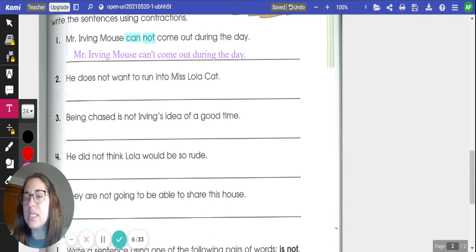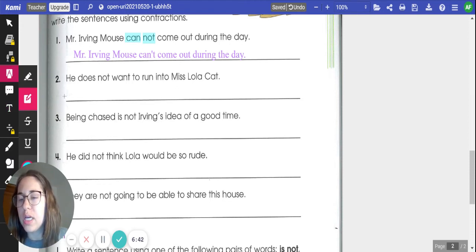Number 2, he does not want to run into Miss Lola Cat. First, I'm looking for the 2 words that should be my contraction, and I see does not.